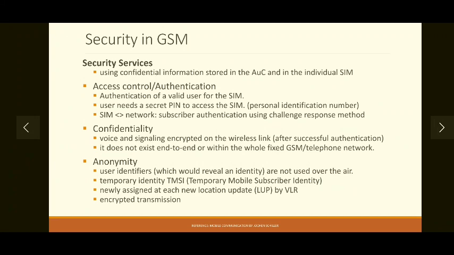If your device gets stolen, then your SIM card can be blocked by reporting to the service provider. And to unblock this SIM card, you will need to provide PUK, that is pin unblocking key. So this is how SIM card can be protected from illegal access.